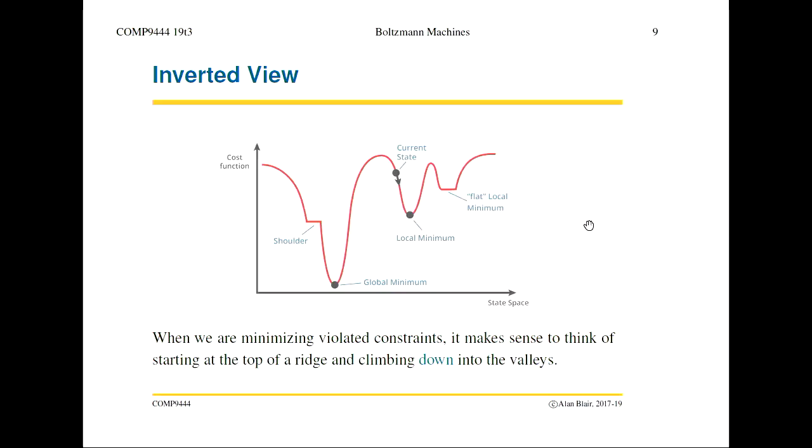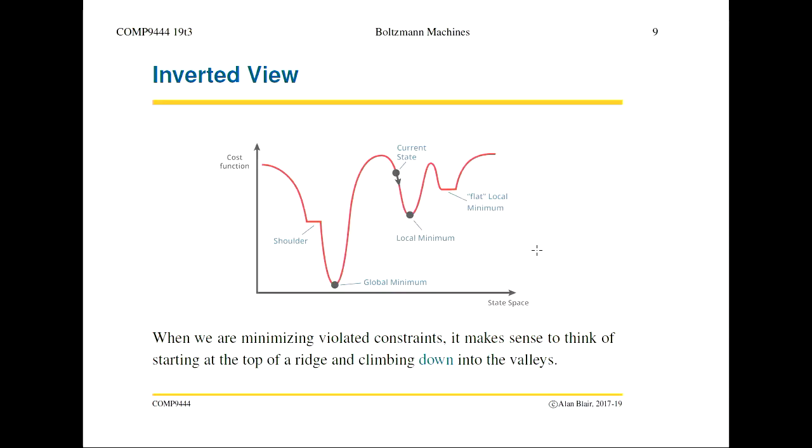So we turn the picture upside down and we say we want to get into this global minimum. You've seen this picture before. I showed you this picture when we were discussing gradient descent. So this is very similar to gradient descent, except we don't have the gradient to tell us which direction to move in. So instead we just pick a random direction and move a little bit in that direction, right?